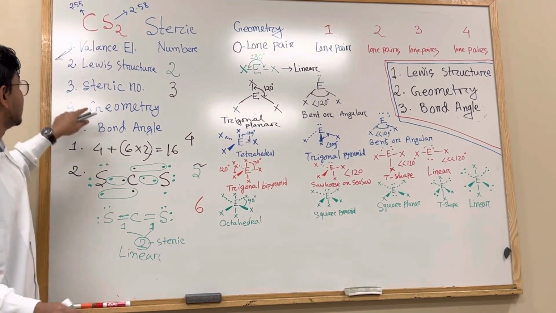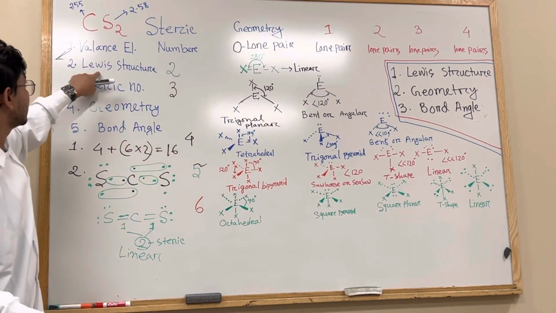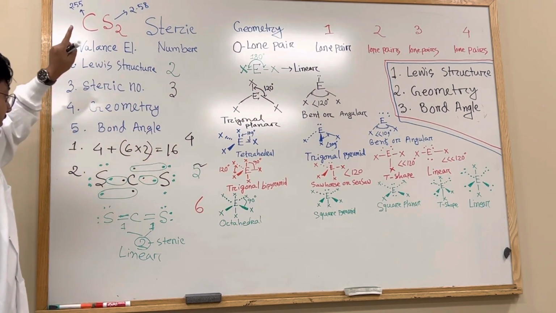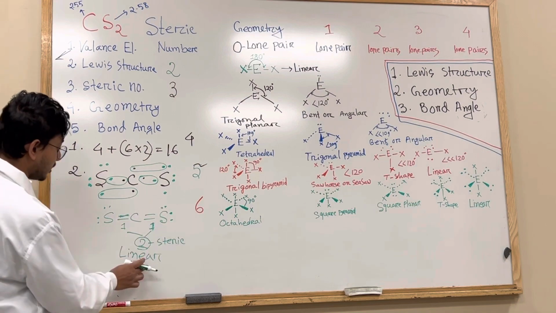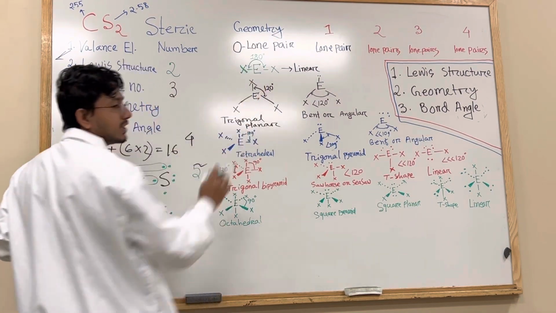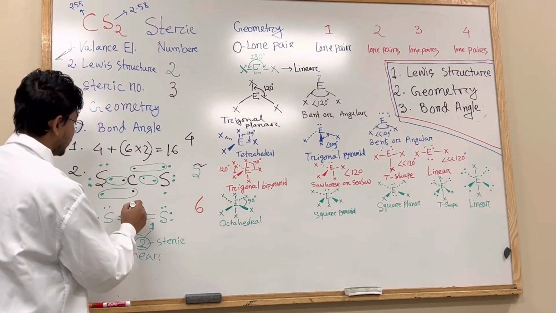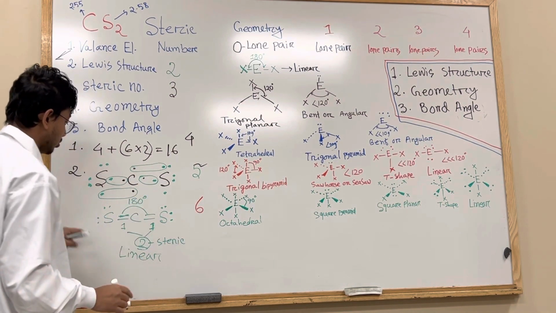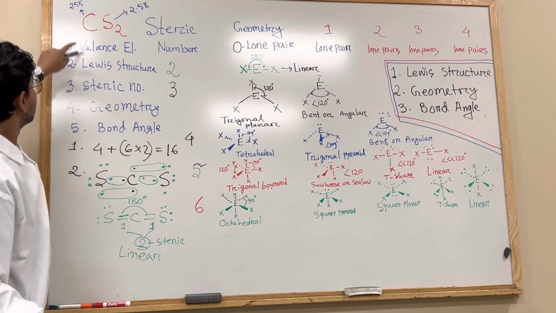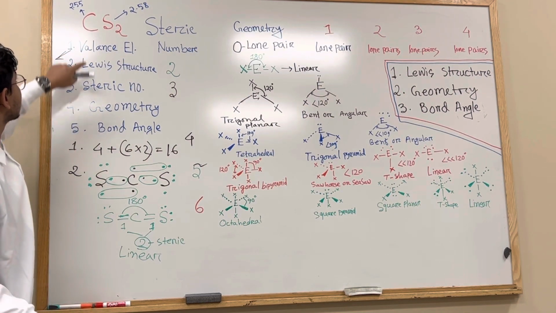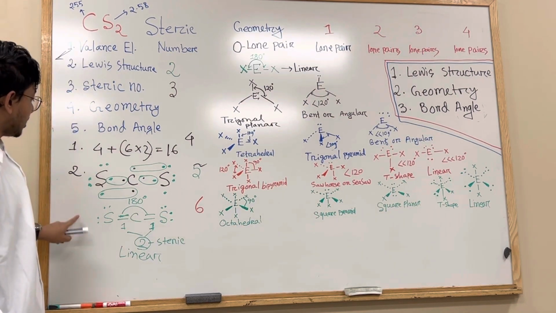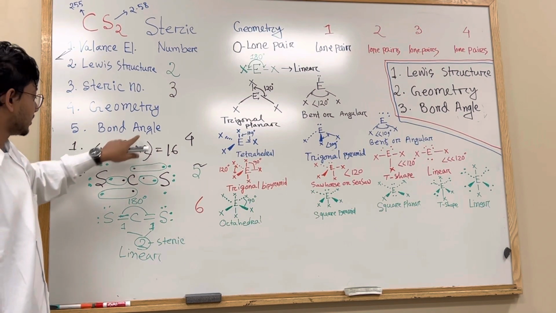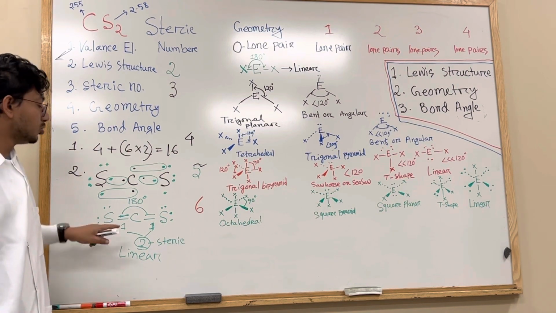We got the geometry and the Lewis structure, and we will determine the bond angle here. For linear, you can see that it has a 180-degree bond angle. So we determined the Lewis structure, geometry and bond angle of CS2, but we cannot show the effect of lone pair on bond angle because this compound has no lone pair.